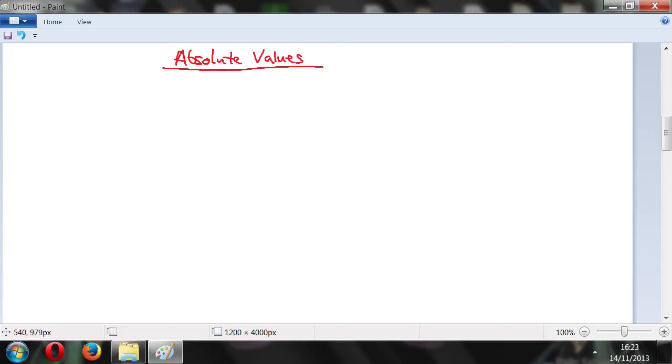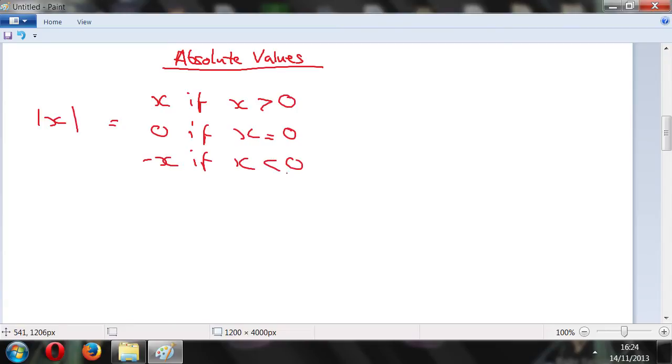In general, the absolute value of x is going to be x if x is greater than 0, it's going to be 0 if x equals 0, and it's going to be negative x if x is less than 0.